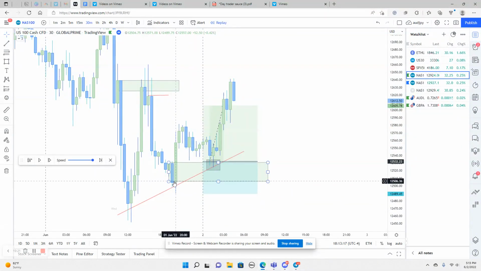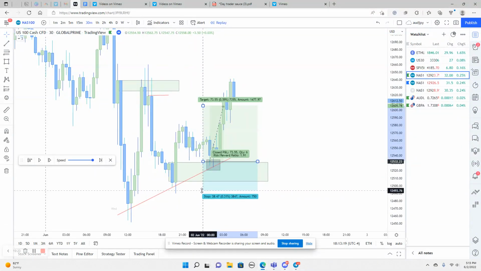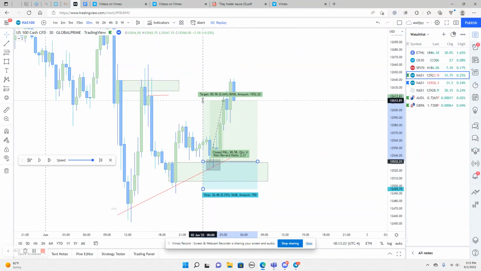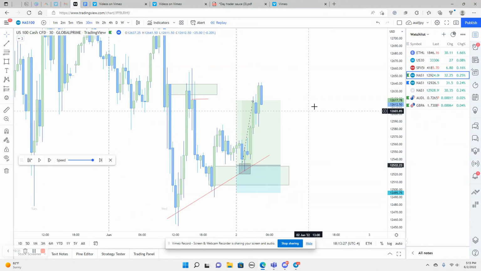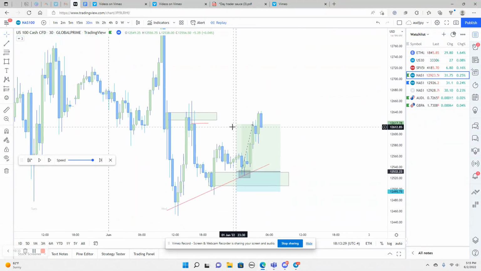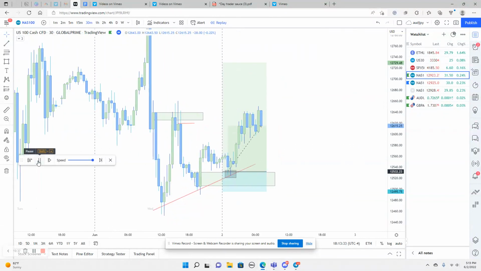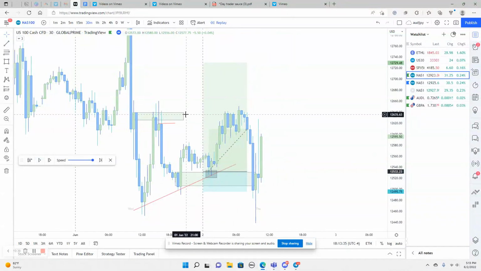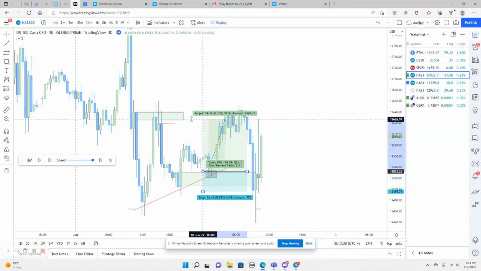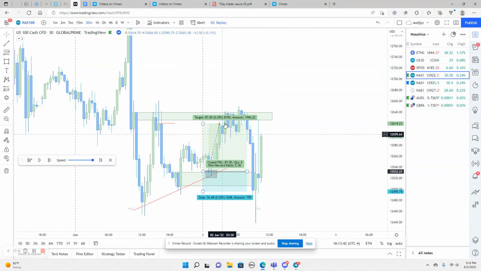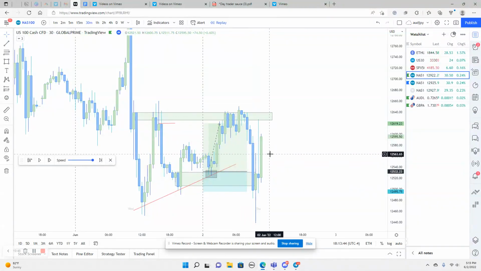You can either do this one or this one. I'm going to keep it tight and do slightly below this wick right here, the order block wick. And then your take profit one, you're going to do the first order block above it. And then take profit two would be up here, the second order block above it. All right. Boom. So it would have hit our take profit one and we would have been done. We would have seen that price is still rejecting this area here and came down.